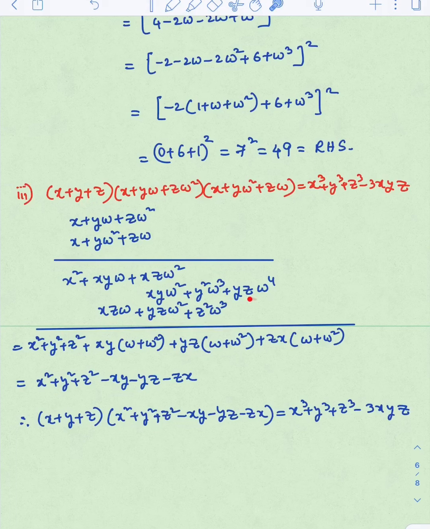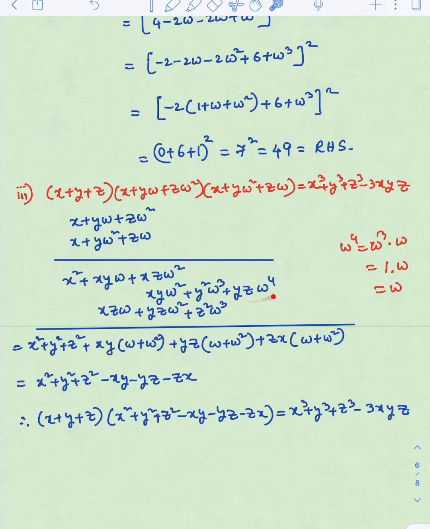Next, yz terms are 2. You can see them here and here. What is common in them? Okay. And yz into omega square plus omega power 4. This omega square is taken already. Omega power 4 is nothing but omega. Why? Because omega power 4 is omega cube into omega, total 4.